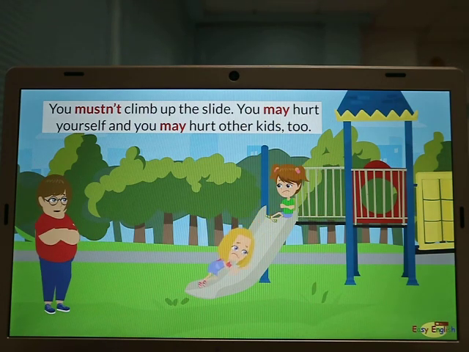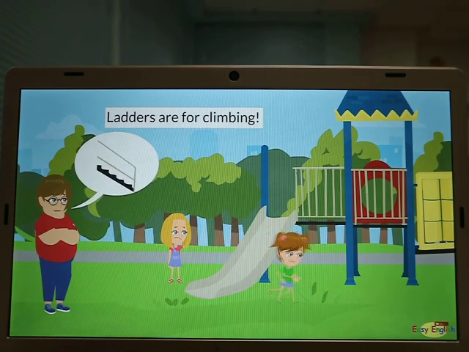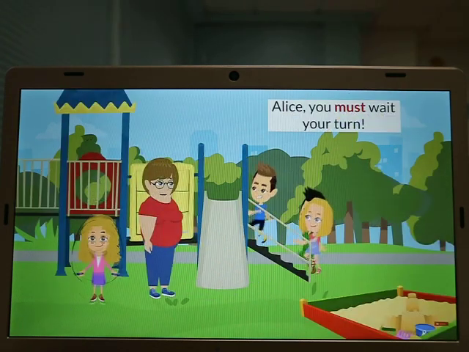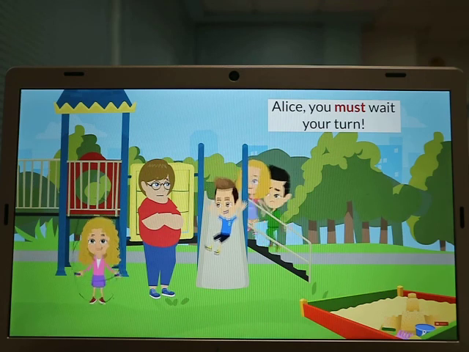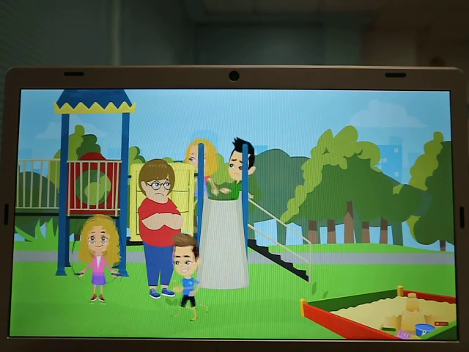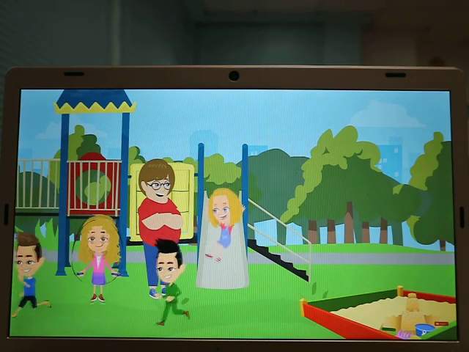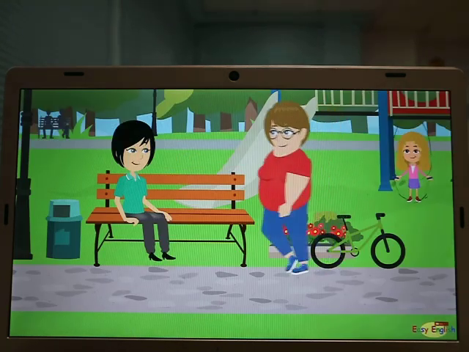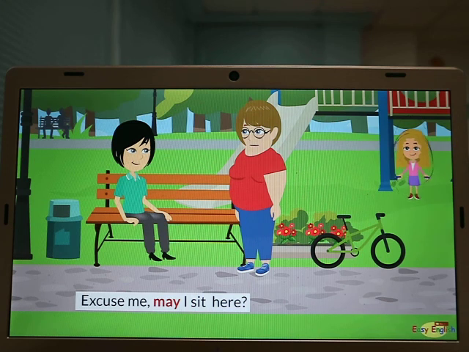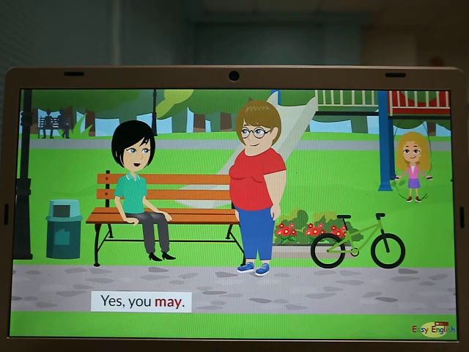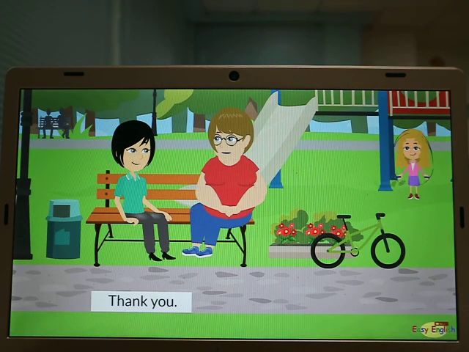You may hurt yourself, and you may hurt other kids too. Ladders are for climbing. Alice, you must wait your turn. Excuse me, may I sit here? Yes, you may. Thank you.